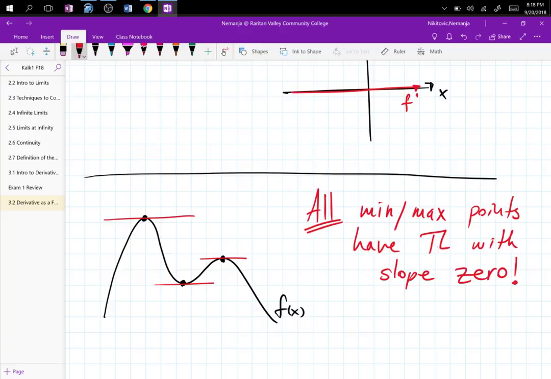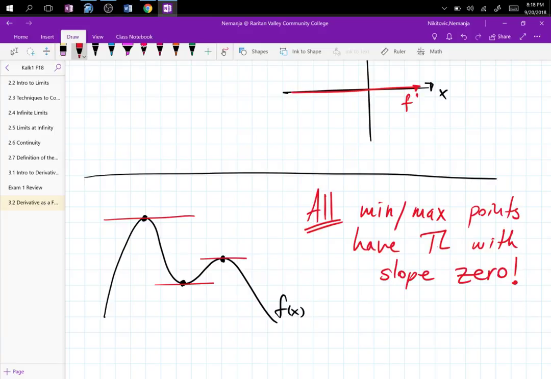If you have escape velocity, it's not coming back because gravity is not going to pull it back, which is why we can launch rockets into space. Right? The propulsion of a rocket is going to give it enough velocity to achieve escape velocity, and then there is no coming back, right? It's going to shoot off of the planet.